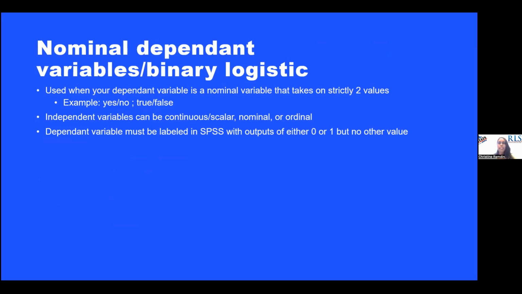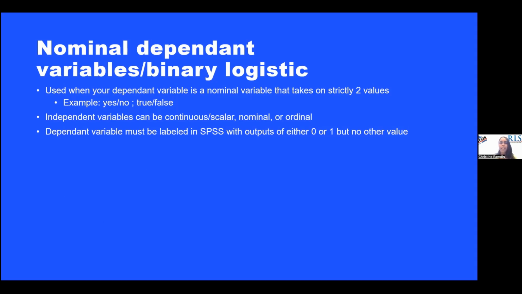So in this case, your dependent variable is nominal, which means it takes on categories, but it takes on exactly two categories. So we're looking at the type of logistic regression you use when you have a nominal dependent variable that only takes on two values, which could be yes or no, or true or false, etc. But it can only take on two values.